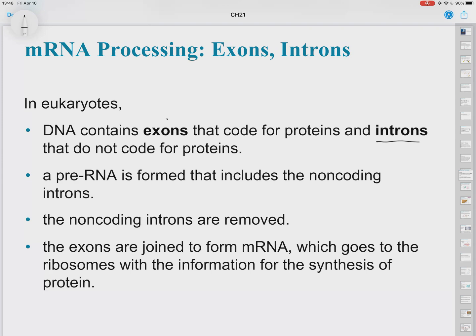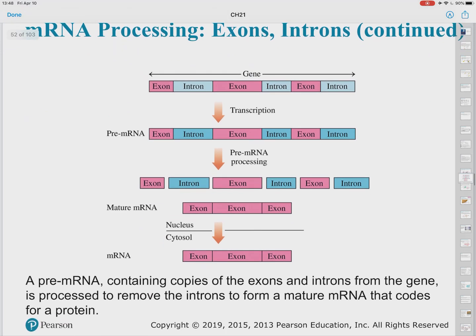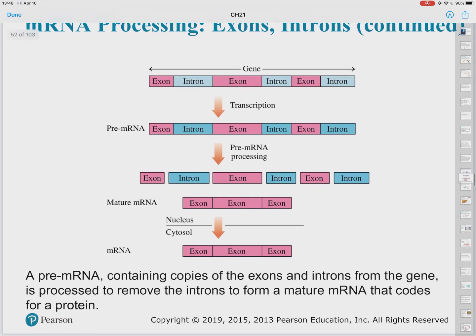Now, I mentioned we have introns, which are these non-coding regions, and exons are the coding regions, and so those get cut out.